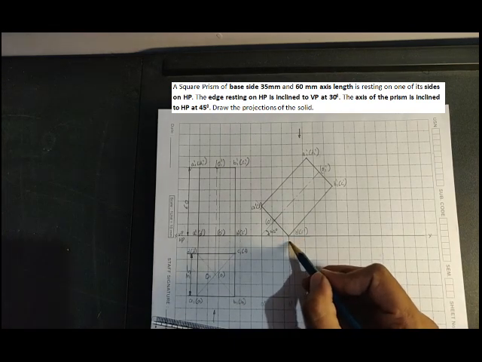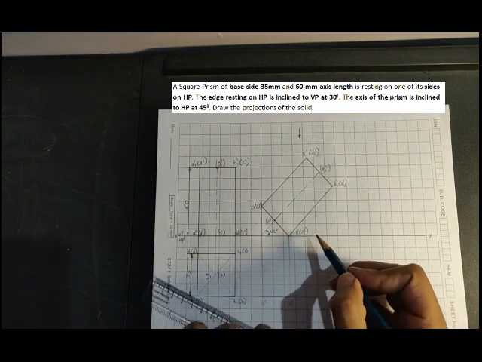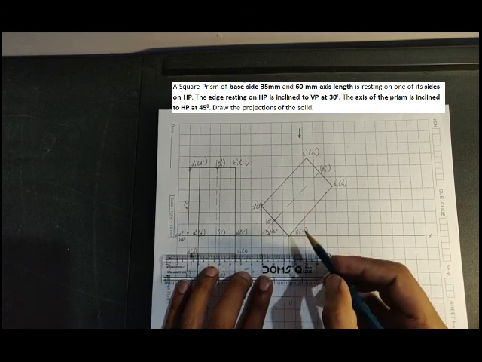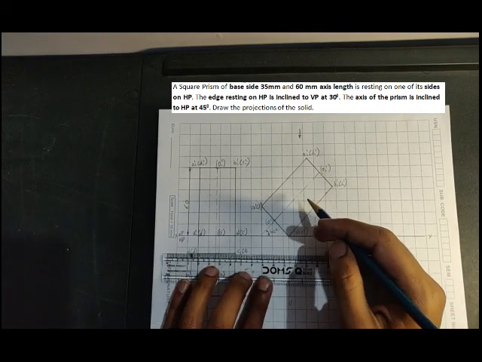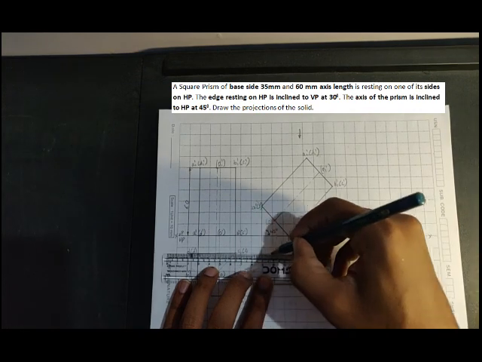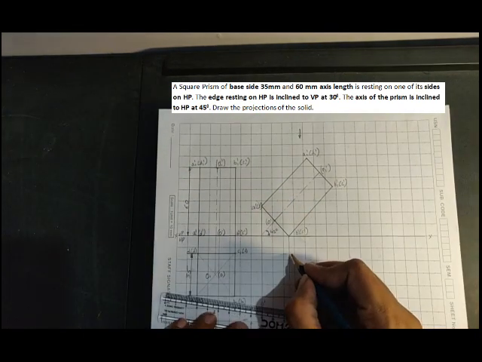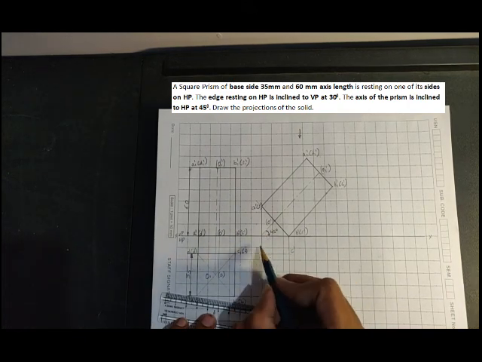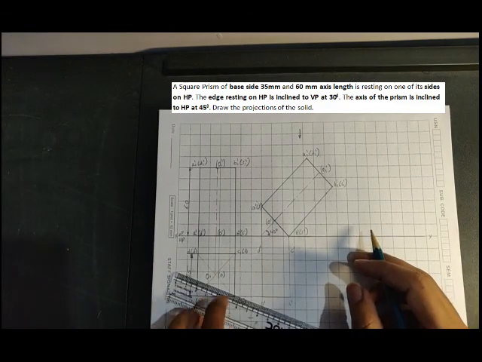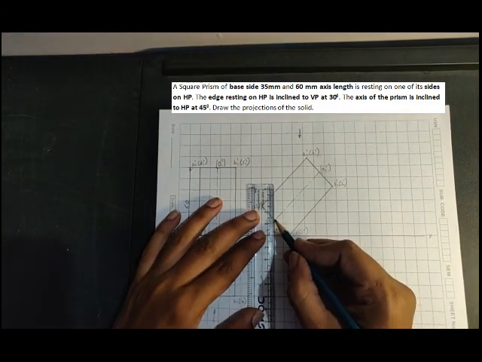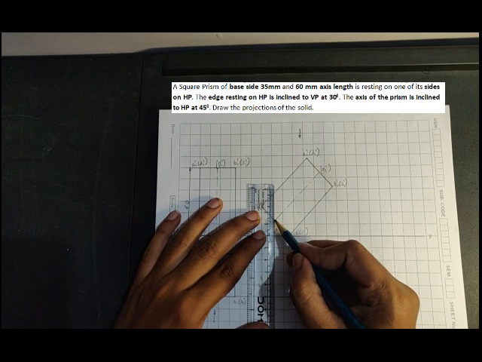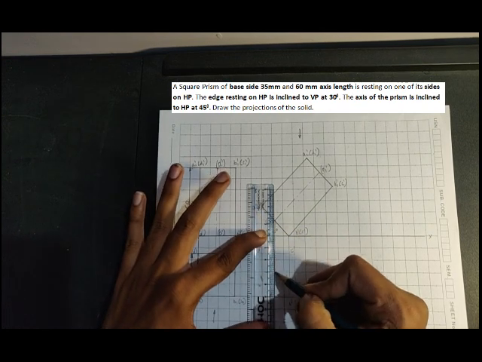Next C dash. C dash is already projected in this direction. I'll project in this way. So I'm going to project C here. So I'm going to write C dash D. By default it is projected, so I'm going to write D dash. Let us not worry about which is hidden, which is visible. Also project this axis line here, which is very much important.